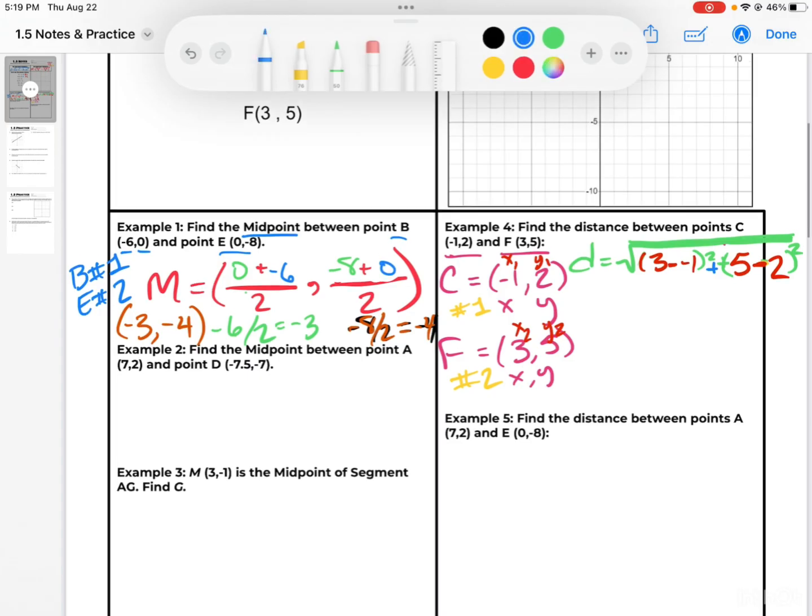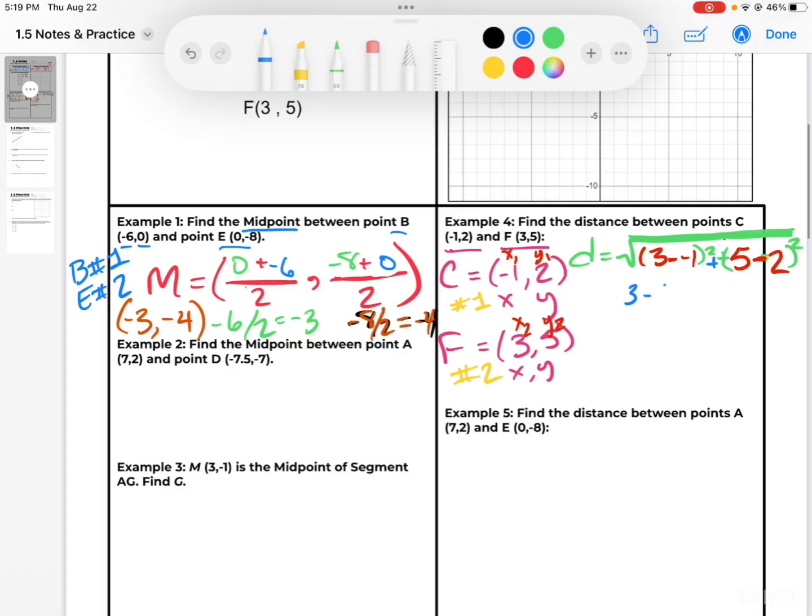So in my first parentheses right here, I've got 3 minus -1. And subtracting a negative number is just like adding that number. So I technically have 3 plus 1, which is 4. And don't forget, I'm going to be squaring that. Adding to that, I've got 5 minus 2, which is 3.